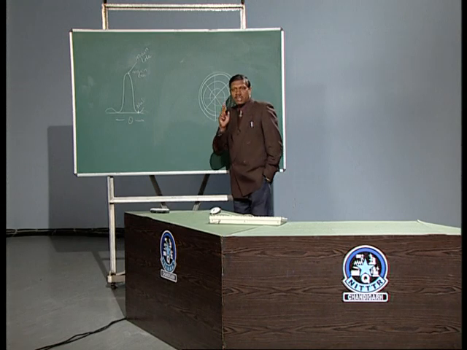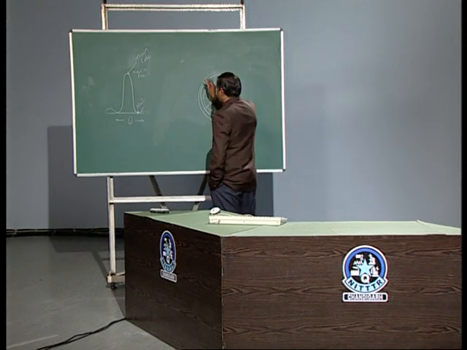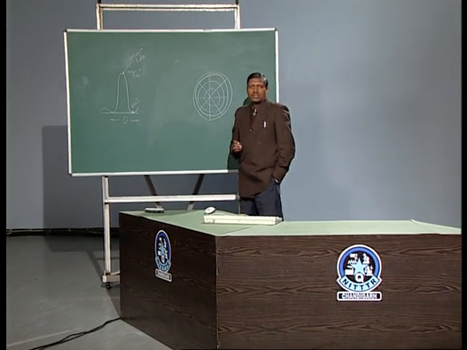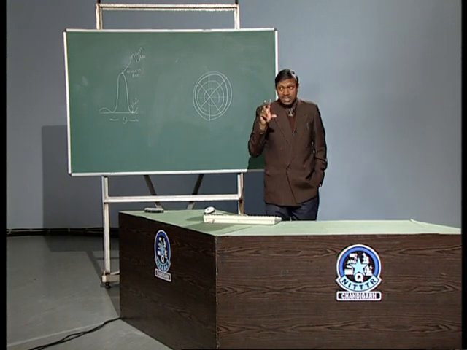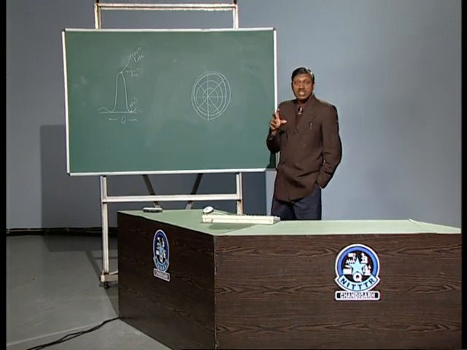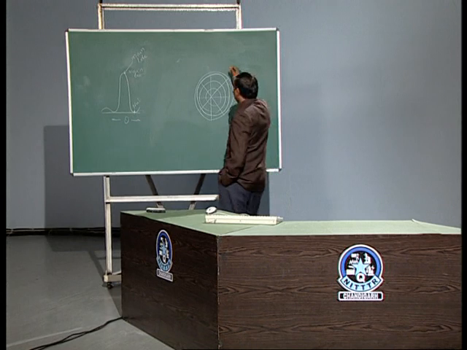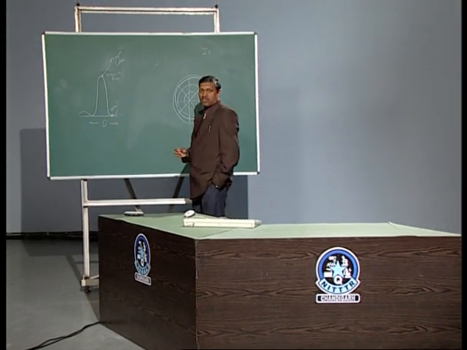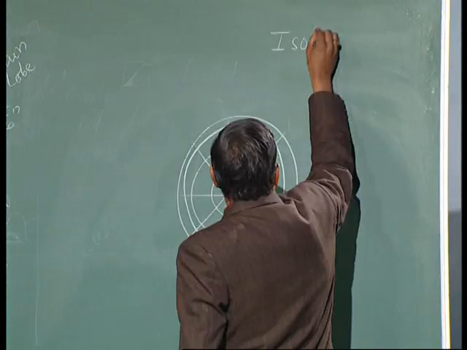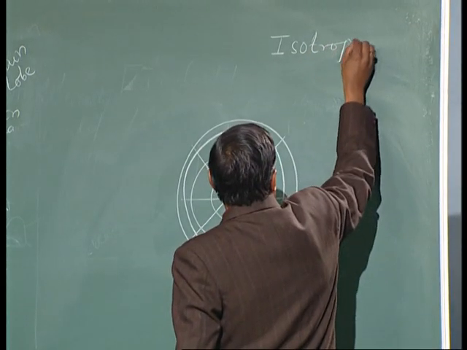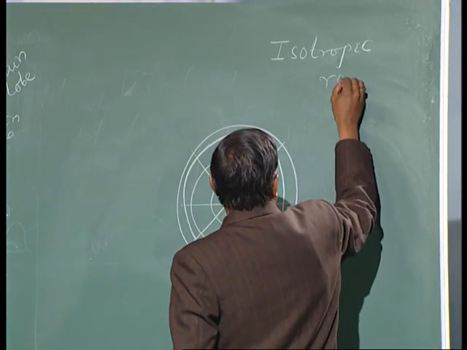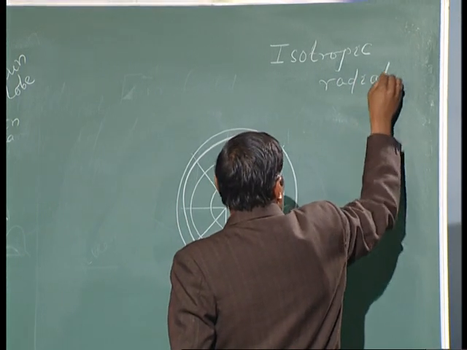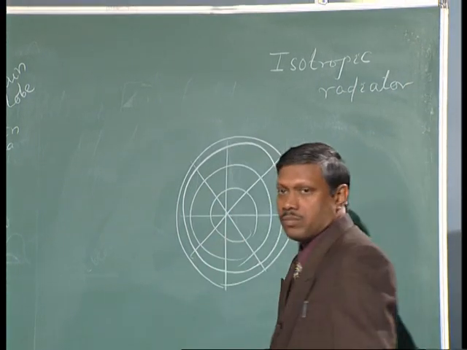I'll give you a classification of the antenna based on the shape of the radiation pattern. As you know, in the last class we discussed the isotropic radiator, or isotropic pattern.